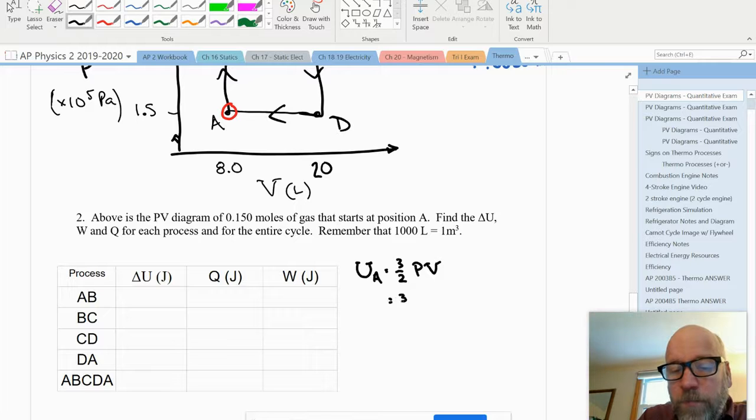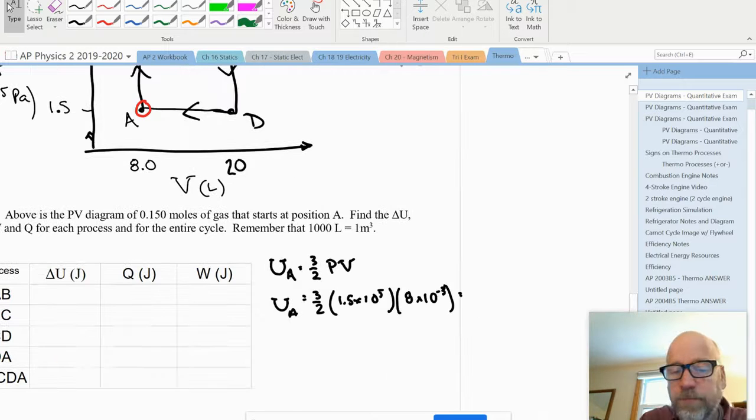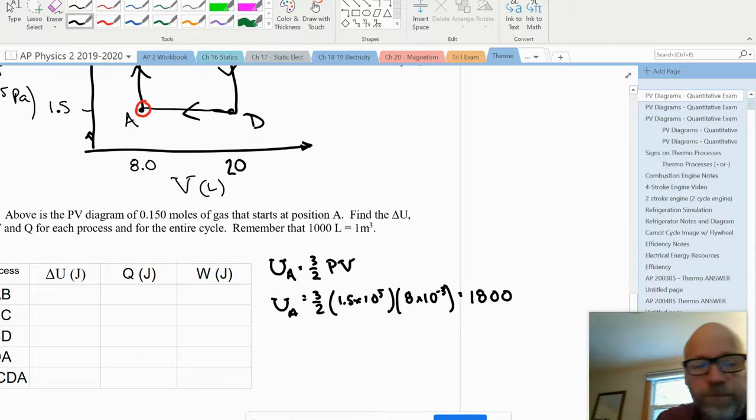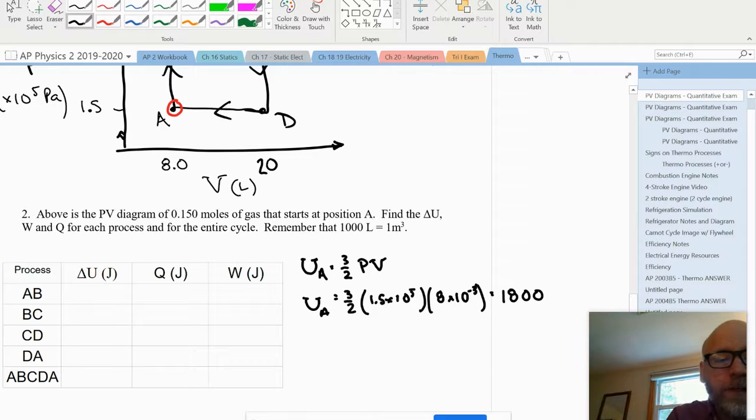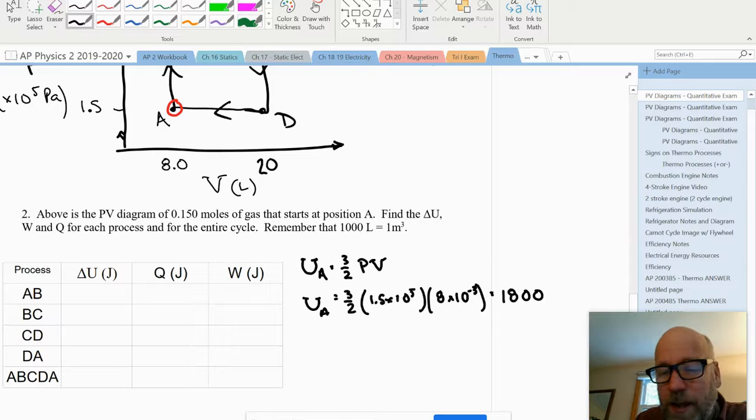So that's going to be 3/2 times a pressure of 1.5 times 10 to the 5th times a volume of 8 times 10 to the minus 3. When I plug that all in, I'm going to end up with, you'd think by now I would know for certain what it was since this is the third time through, 1,800 joules. Good. So I'm going to take that and fill it in right here. Oh, wait, no, I'm not. That's just what the internal energy is at that point, not the change.